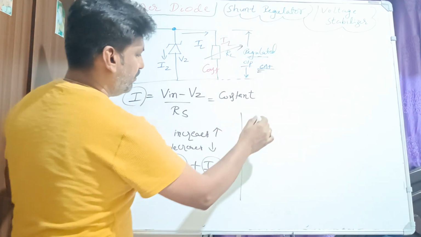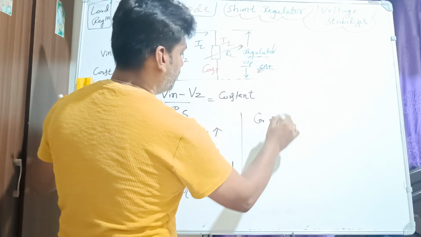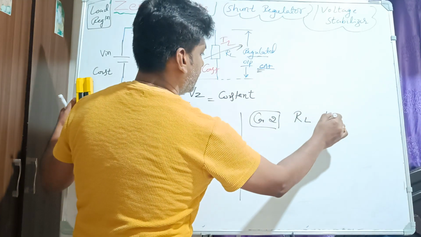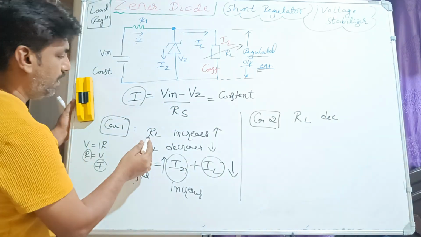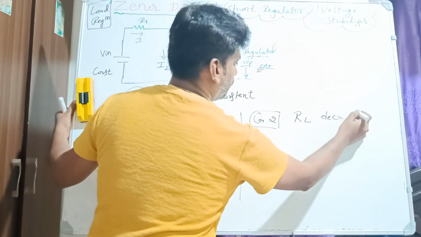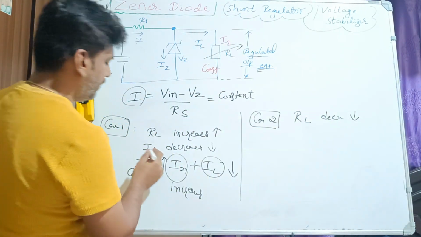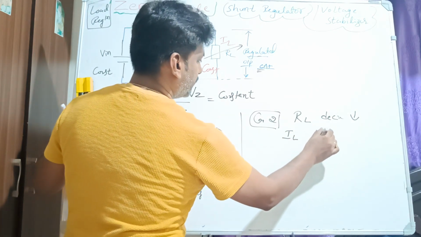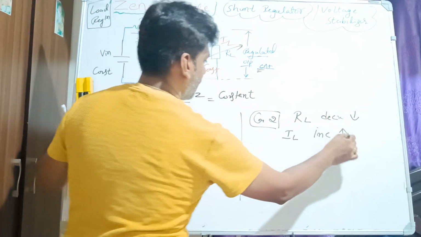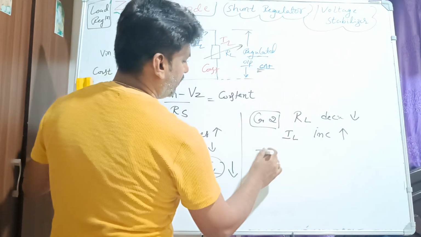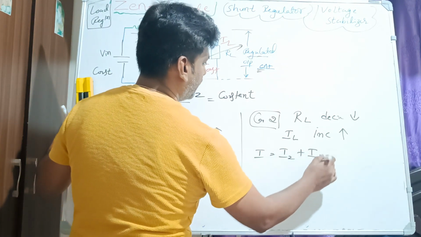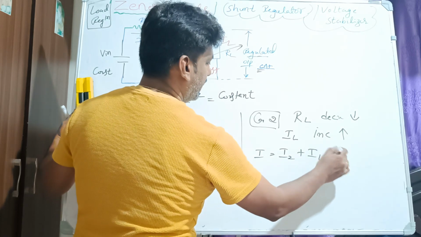Similarly, can we do case number 2? What is case number 2? You should take RL which decreases. RL decreases. What is going to happen? IL should increase. Same equation, I is equal to Iz plus IL. IL is increasing.